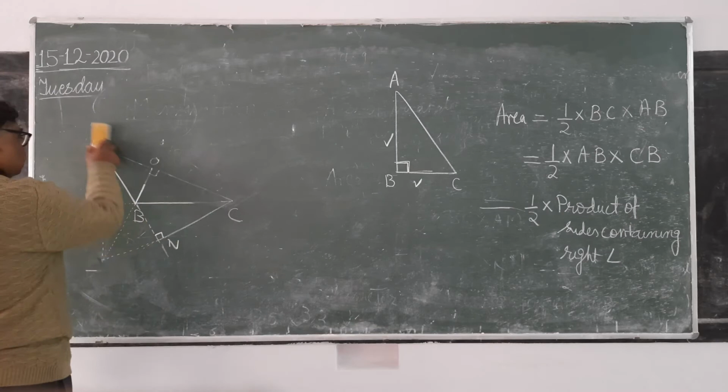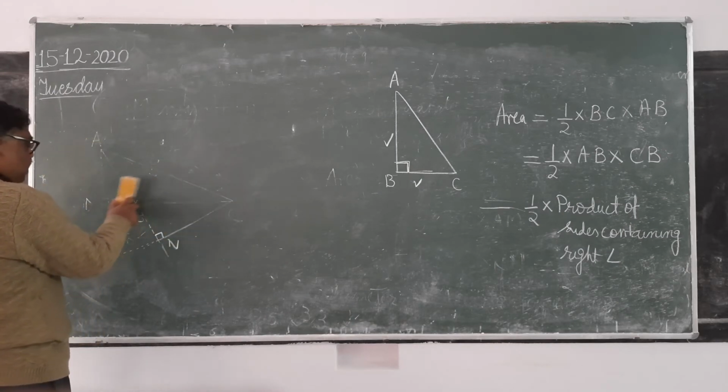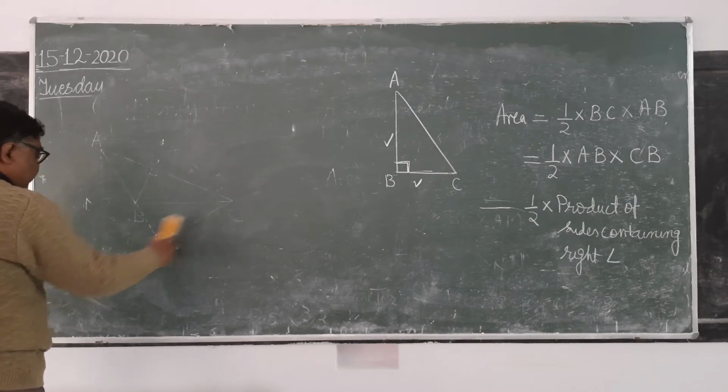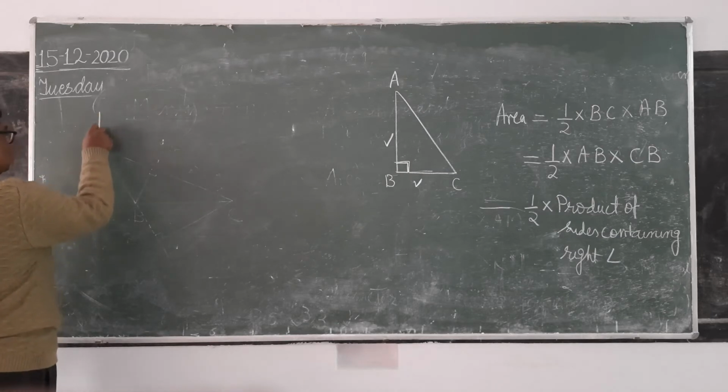Now after this, there is one special formula for determining the area of a triangle if its three sides are given. Heron's formula. It is used when the sides of the triangle are given.